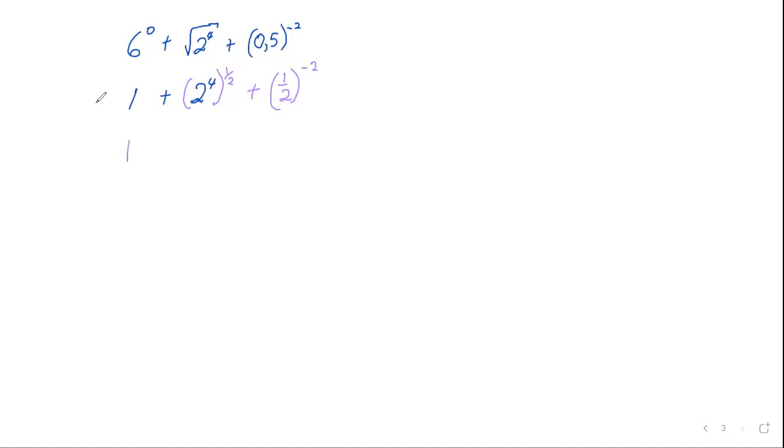This is 1 plus 2 to the power 2. Half of 4 is 2. And then here, we can take that as 2/1 exponent of 2 here. Let's see what happened there.